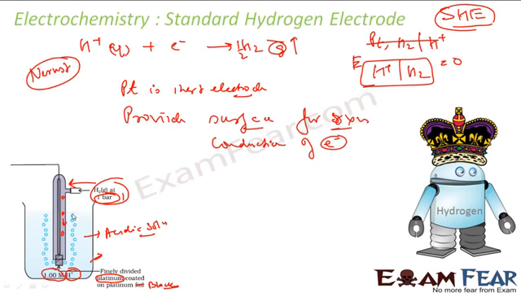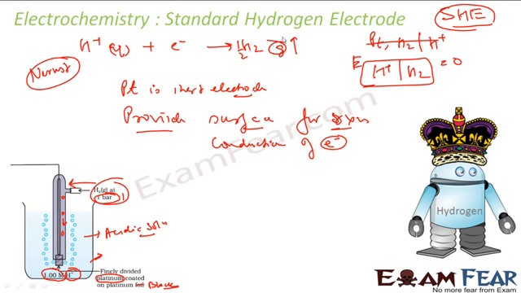Right? Also, it will provide a platform for conduction of electrons. Whatever electron is generated, for example, now hydrogen gas will become H plus, right? So electrons will be released. So the platinum surface will help this reaction. Correct. So platinum provides a surface for both oxidation and reduction reactions, and it also provides a mechanism for conduction of electrons.